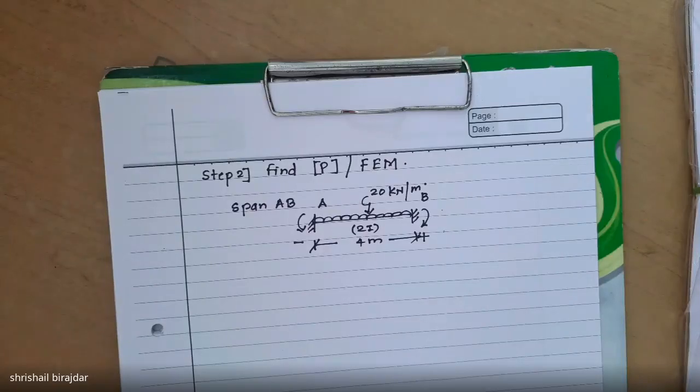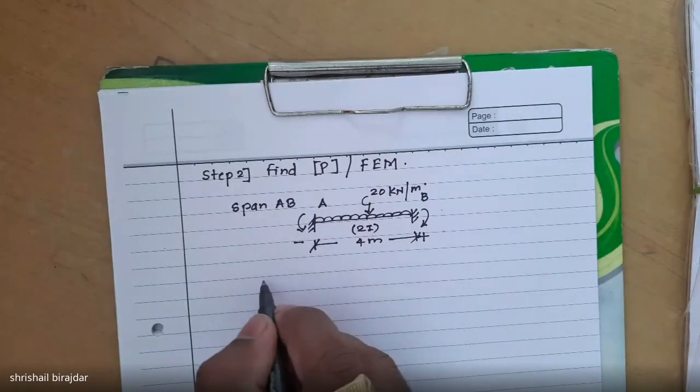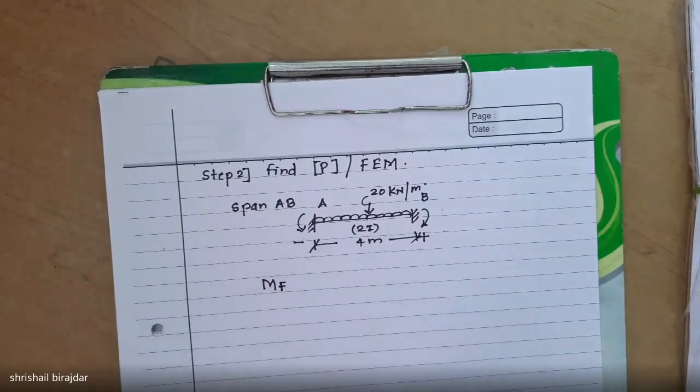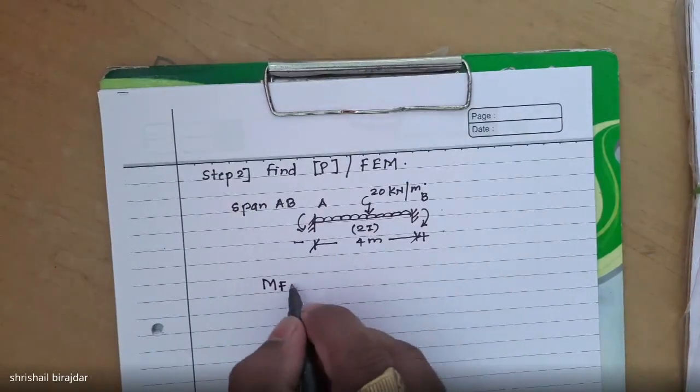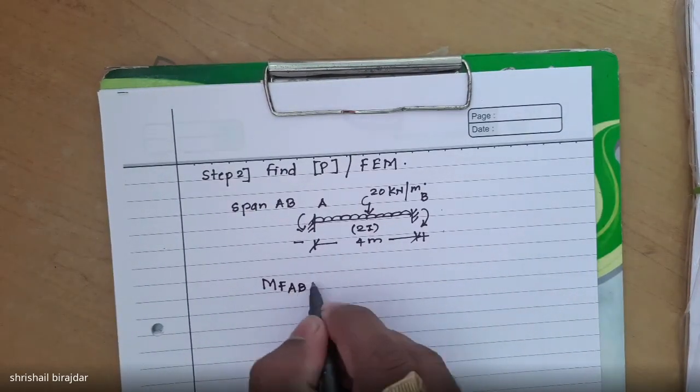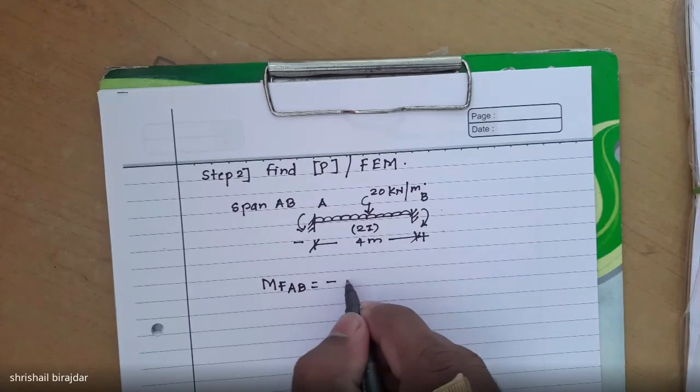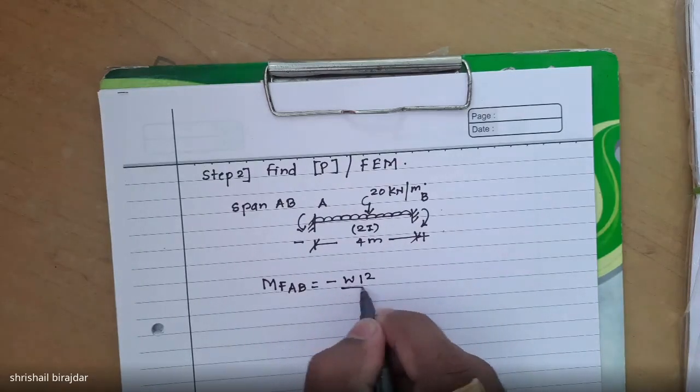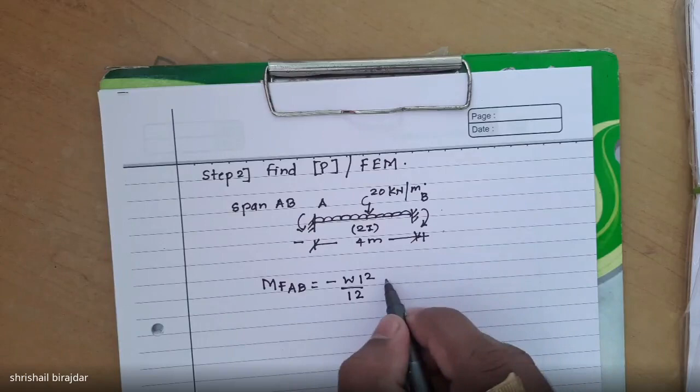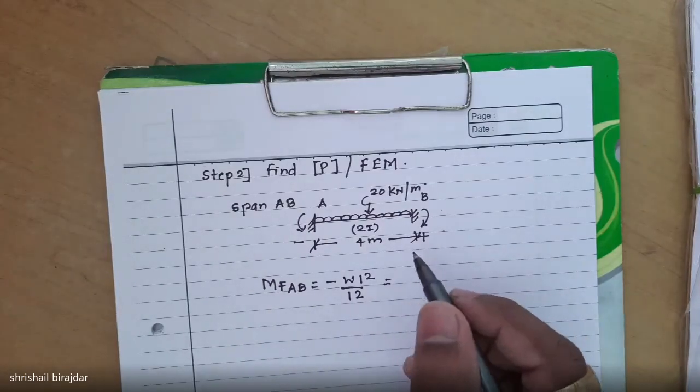Okay. For getting the fixed end moment MFAB, exactly, WL square by 12. Find out.